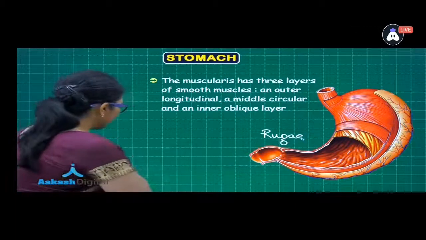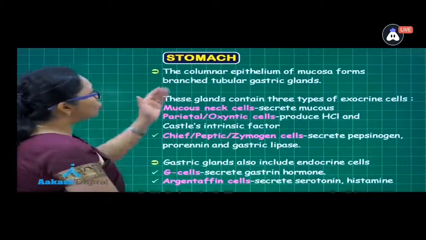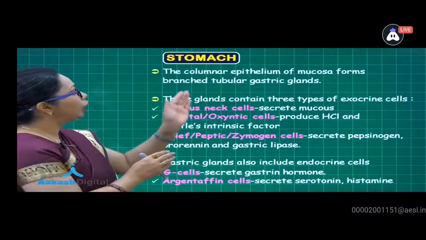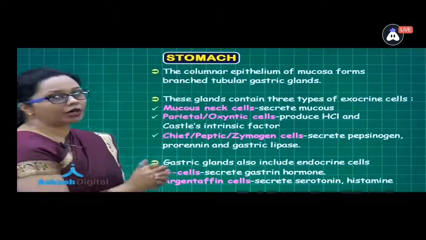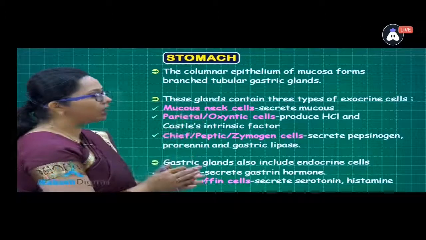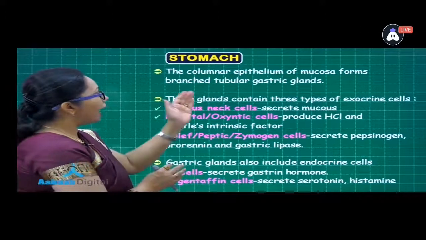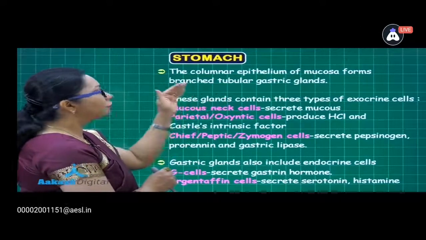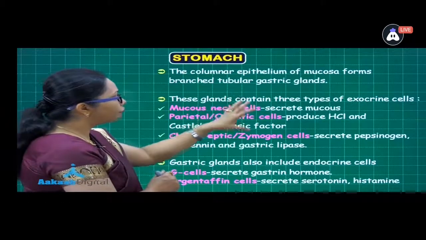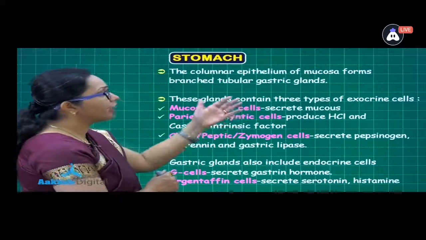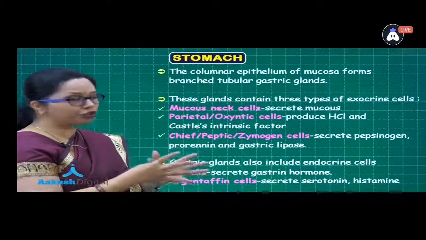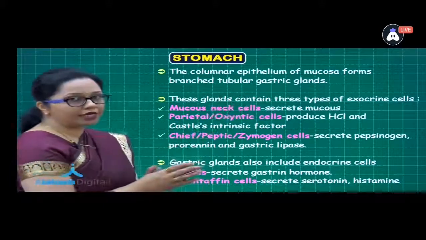Now coming to the mucosa of the stomach, it is folded to form branched tubular glands. These are the gastric glands, and they have certain types of cells which secrete the constituents of gastric juice; those are the exocrine cells.